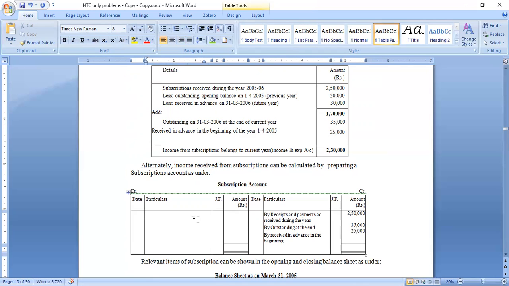So, to outstanding at the beginning, it is 50,000.